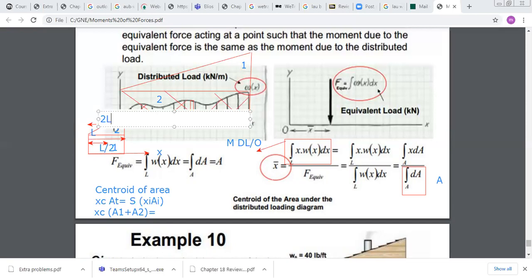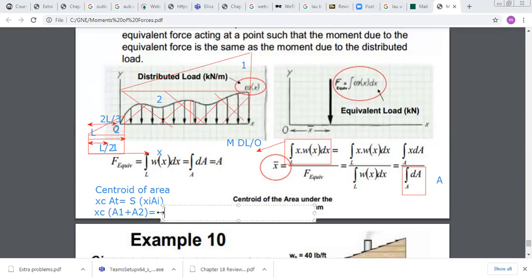So if you want to find the centroid for this geometry, you will do x centroid times total area equals x1, which is for the rectangle, L over 2, times area 1, the area of the rectangle, plus 2L over 3 times the area of the triangle. Okay? This is how we calculate in math the centroid of an area.